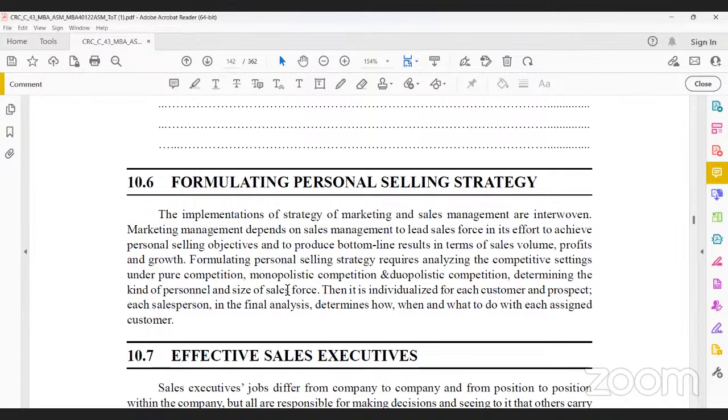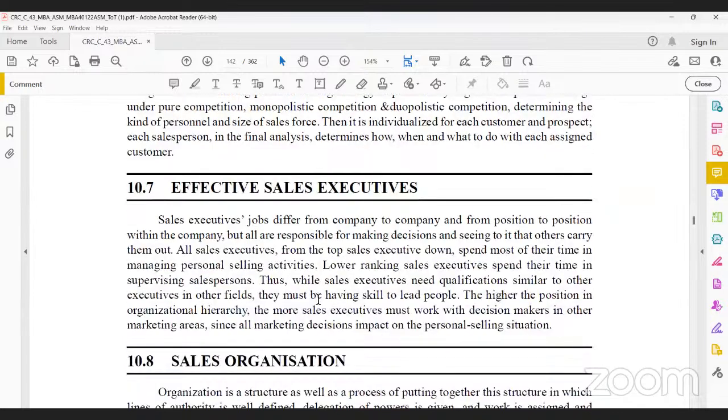So formulating personal selling strategies requires analyzing the competitive settings, under pure competition, monopolistic competition, oligopolistic competition, and determining the personnel and size of the sales force also. Okay. So effective sales execution is required.